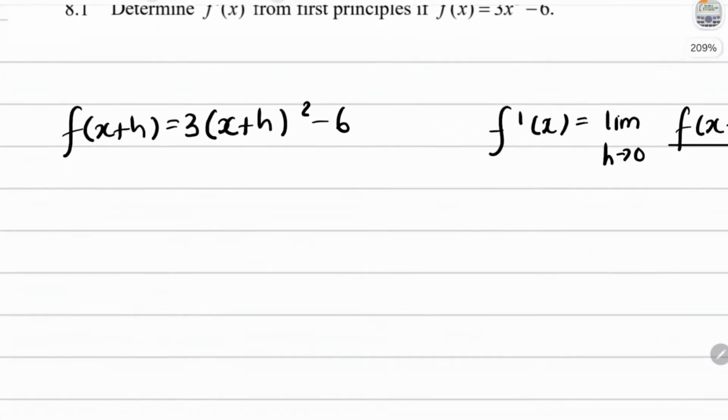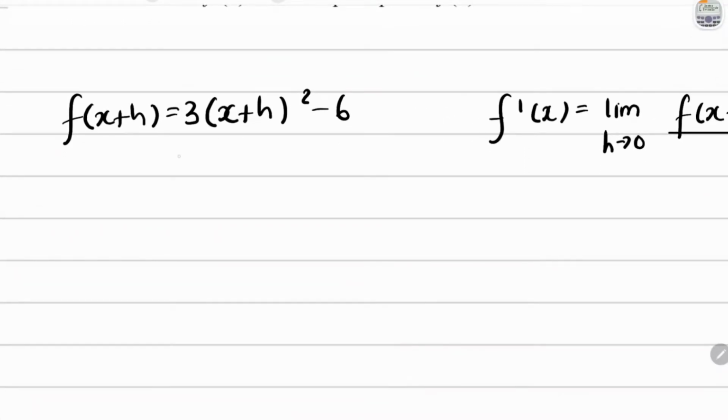So we just have to simplify this expression. This is equal to, we still have our 3, and let's distribute. You can do the whole thing with 2 brackets, but that takes quite long. So what you can instead do is just square the first term, which gives you x squared, square the last term, which gives you positive h squared, then multiply the first and second term, which will give you xh, and then multiply them by 2.